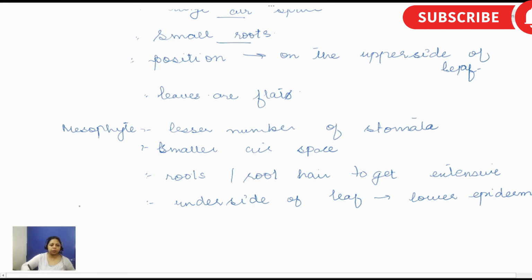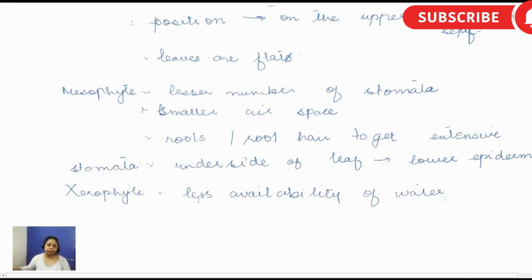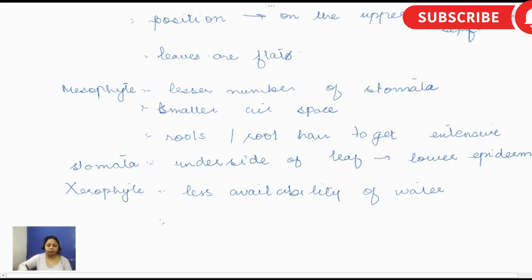So we are talking about stomata. And then when we talk about xerophytes, they have very little availability of water, so they need to conserve more and more water. The example is cactus. They have sunken stomata and a thick succulent stem to store water.